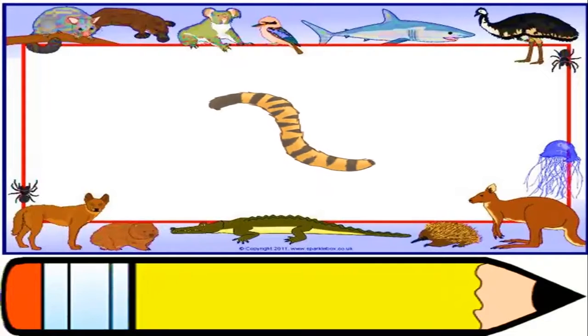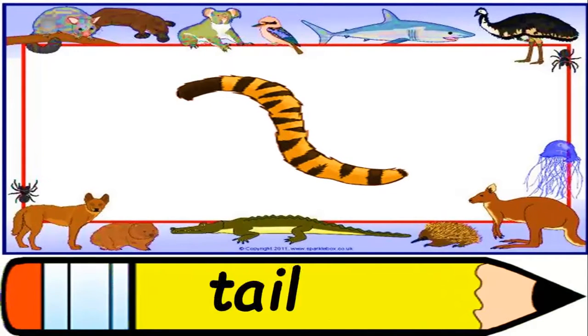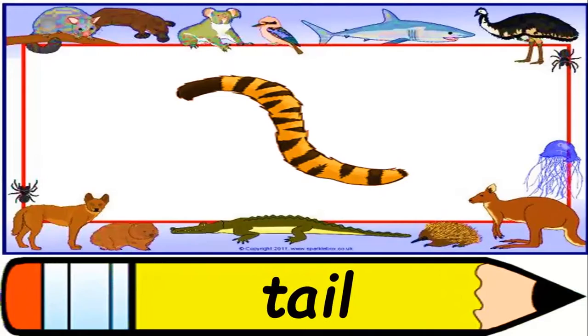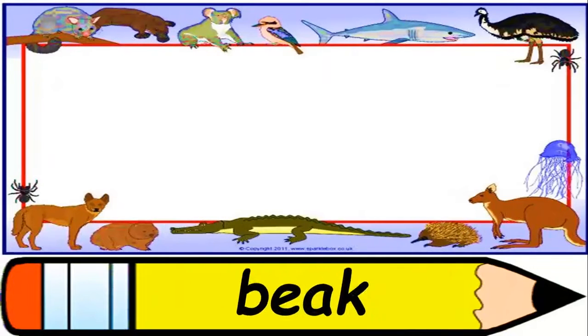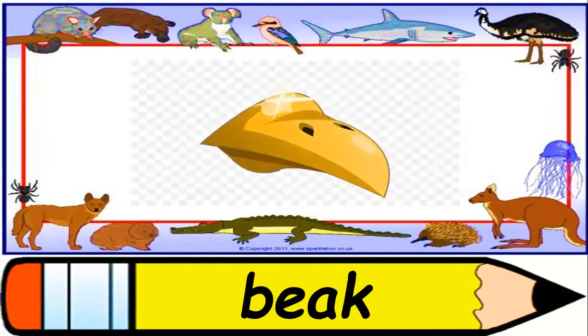This is what we call the tail. This is what we call the beak of an animal.